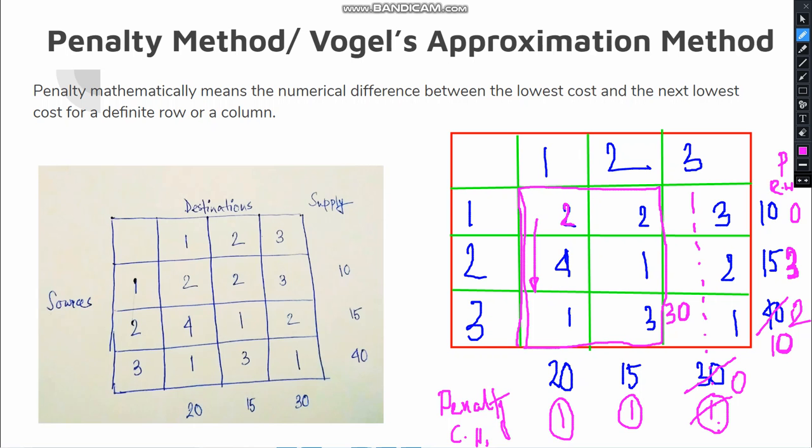Now we have two cells. In this cell the cost is 1 per unit. In this cell the cost is 4 per unit.